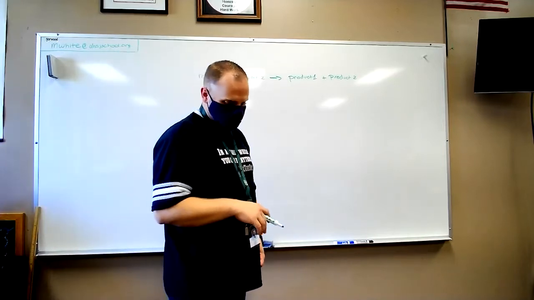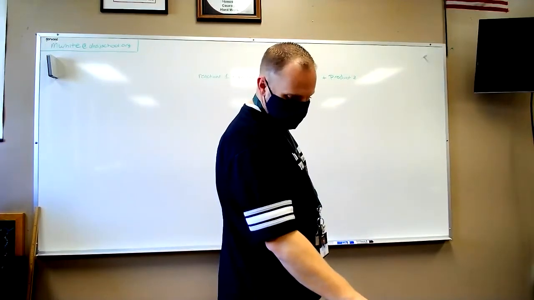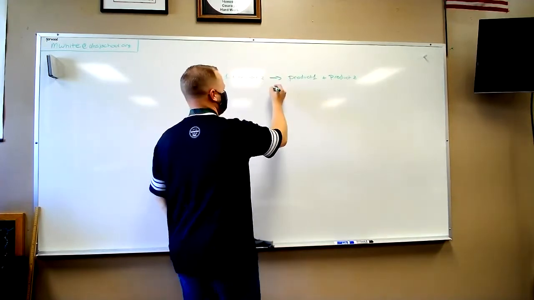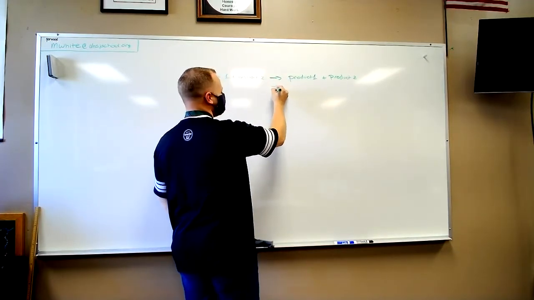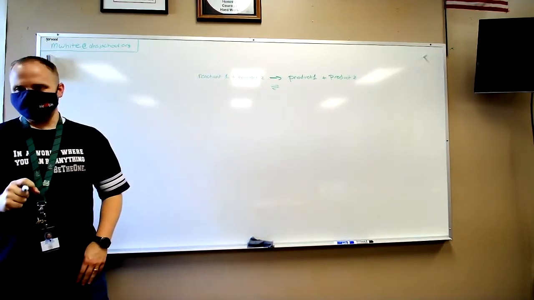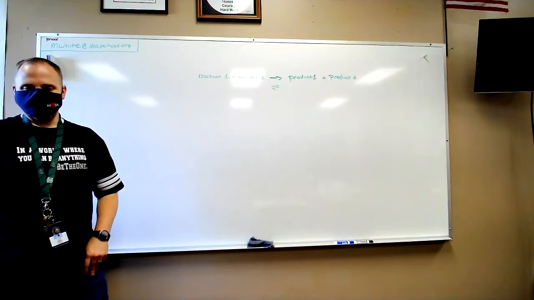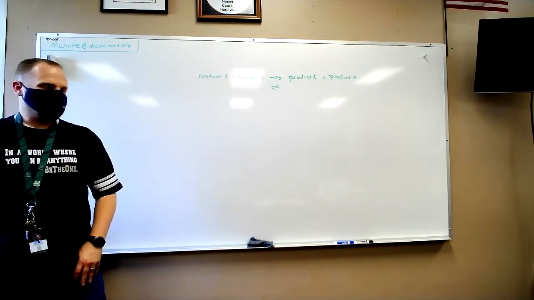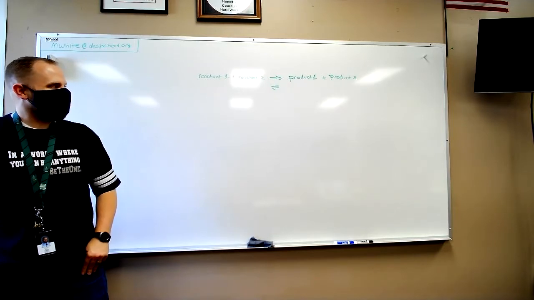The arrow separates reactants from products. You can have a double arrow. You may see this a little bit. That indicates what's called a reversible reaction, and we'll talk more about reversible reactions in a little bit as we go through the class.